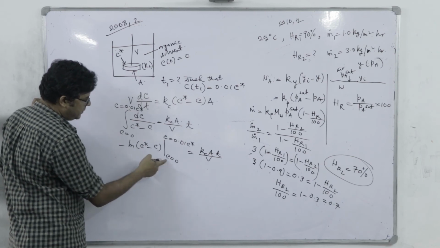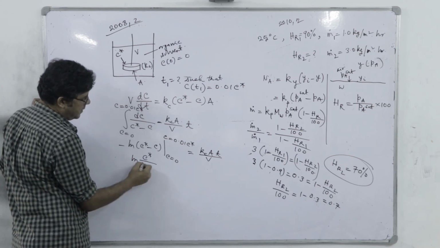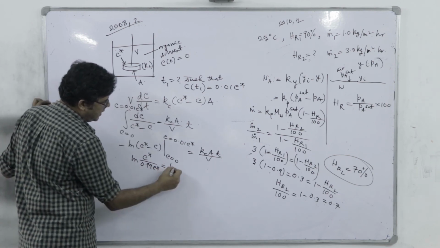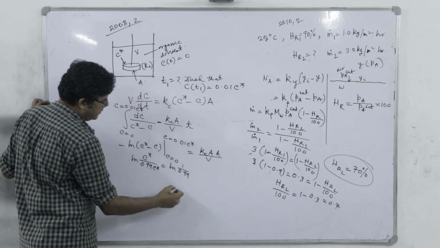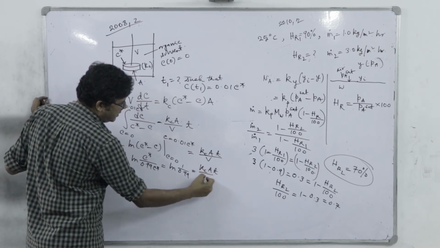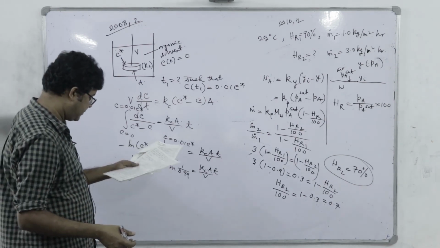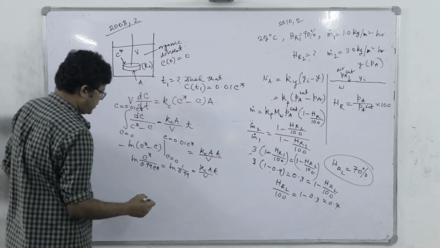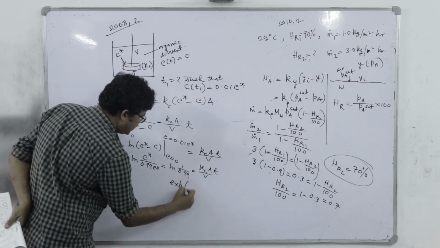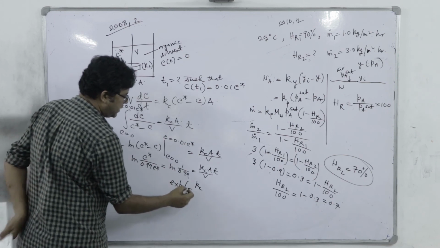So what is going to happen? C equal to 0 in the numerator, so ln C star divided by this 0.99 C star, so that's equal to ln 1 divided by 0.99, right, because C star cancels out, equal to Kc into A into T divided by V. So my answer is pretty simple here, because this log of 1 by 0.99 is minus of log 0.99, right.